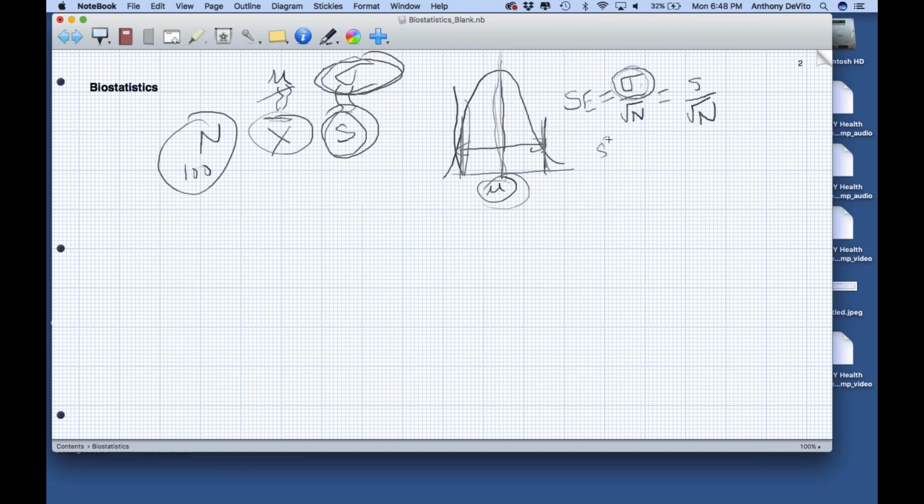Every once in a while, 5% of the time, we're going to get a sample mean from that population that's outside of that range, more than two standard deviations above or below the mean. But we're willing to say to ourselves, it's unusual. In other words, it only happens 5% of the time that we get that extreme result if we take a sample of this size from this population.